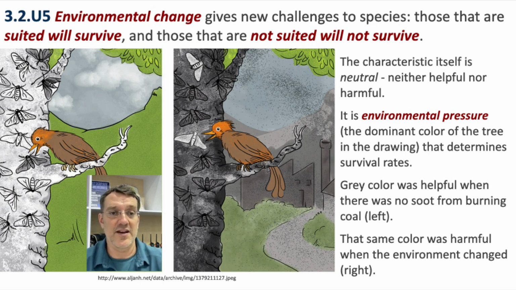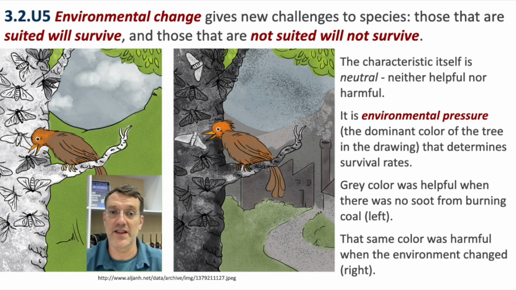In the English countryside, before the Industrial Revolution, the peppered moth liked to live in birch trees, which have this pale gray bark. Pale gray peppered moths found it easy to be camouflaged there, and peppered moths with darker pigmentation were more readily seen and eaten by predators. Then we started burning fossil fuels and leaving soot on everything in the countryside, which covered our nice pale birch trees in a dark layer.